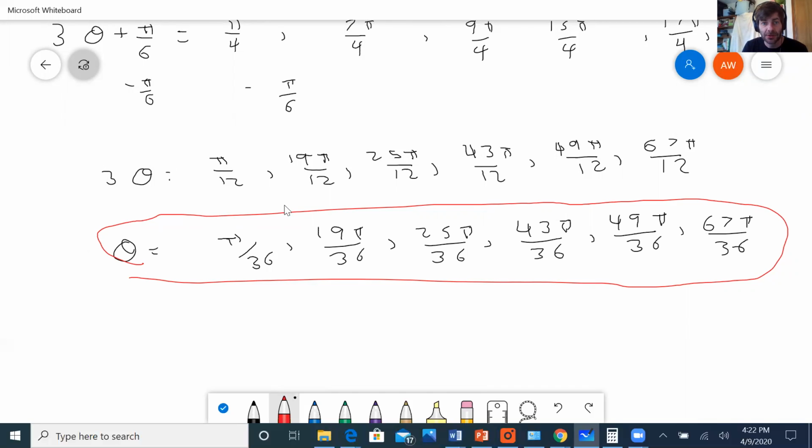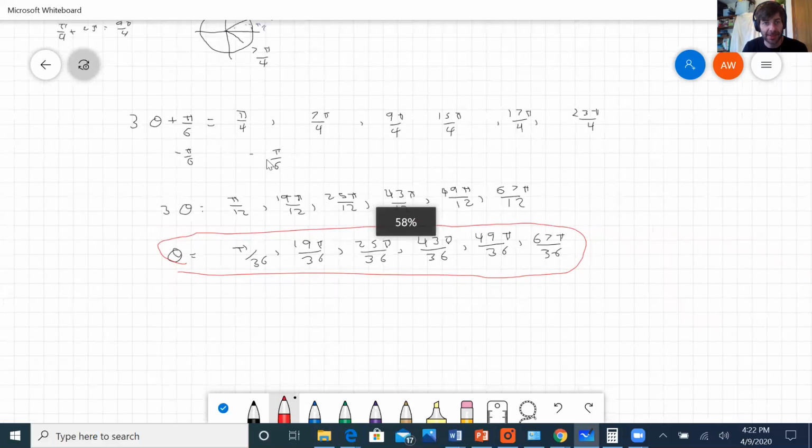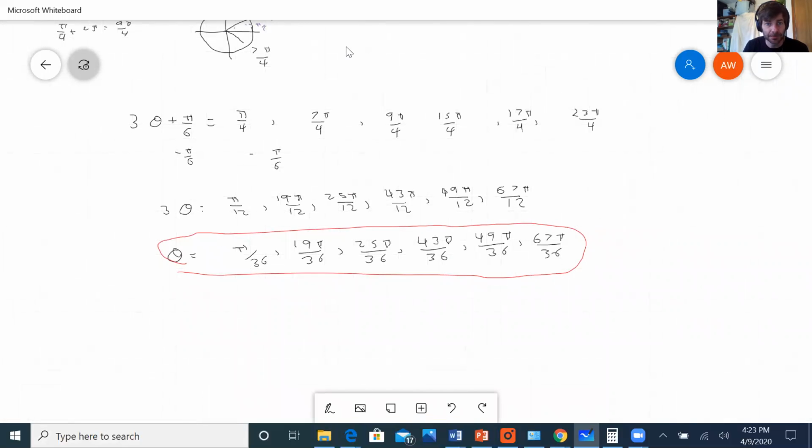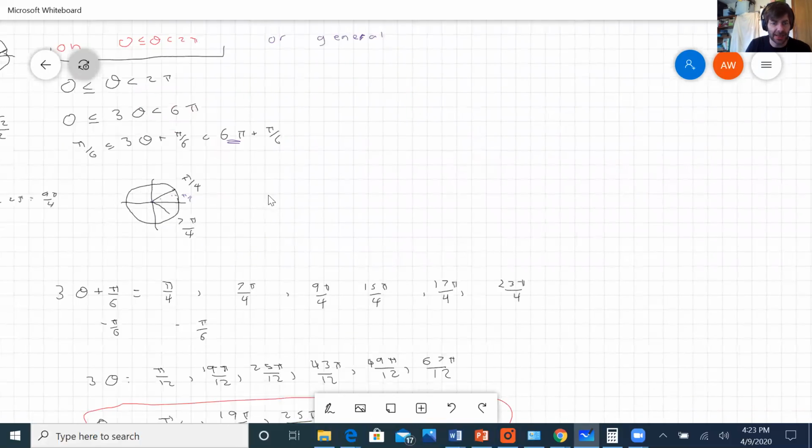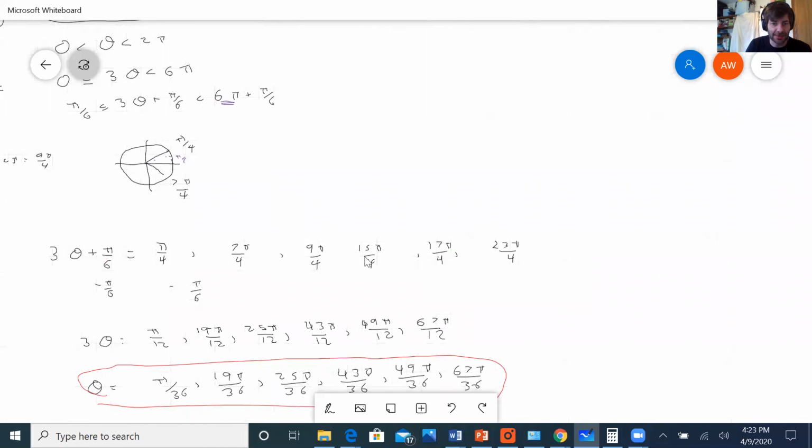So what if they had asked the same question, but wanted the general form? I'm going to do everything pretty much the same, because I didn't need to worry about the 3 revolutions.